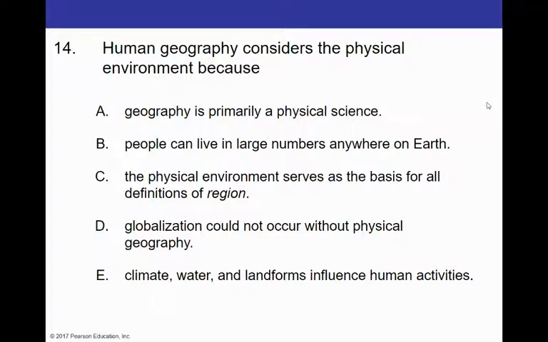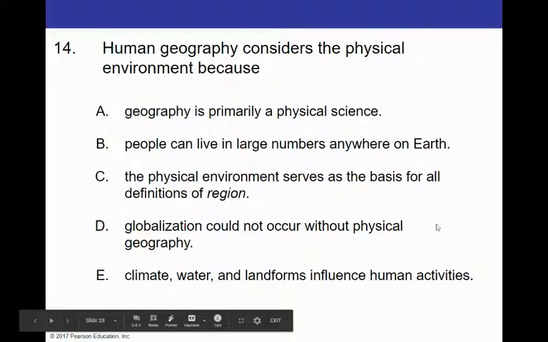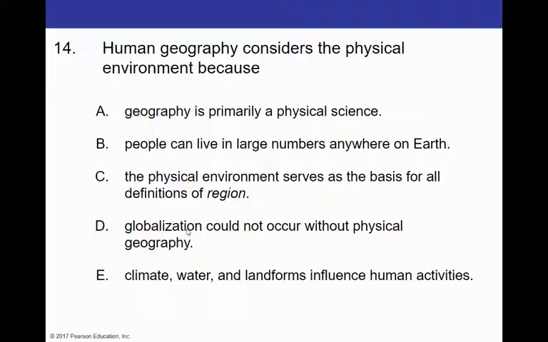Number 14, human geography considers physical environment because blank. Looking at this, why does the environment have an impact on human geography? Some of our answer choices we can cross off. Globalization, yeah, that's out. We're not talking about the entire world being involved. We're talking about human environment interaction. So D is out.